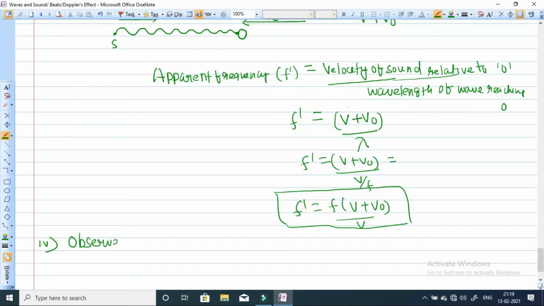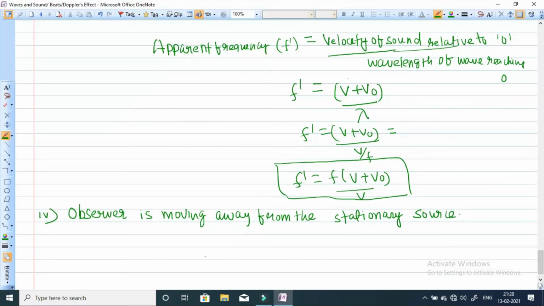Observer is moving away from the stationary source. If the observer is moving away from the stationary source, okay, and suppose they are in the same direction, then apparent frequency f dash can be written as velocity of sound relative to observer.